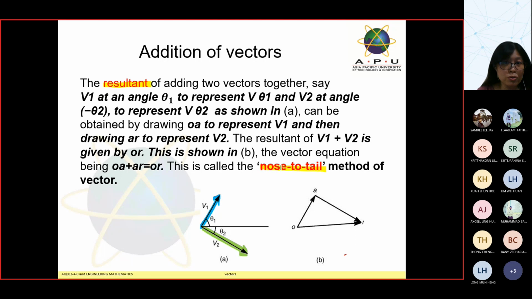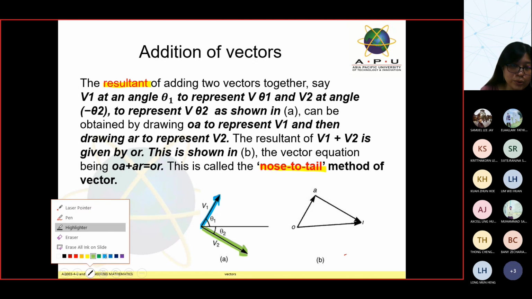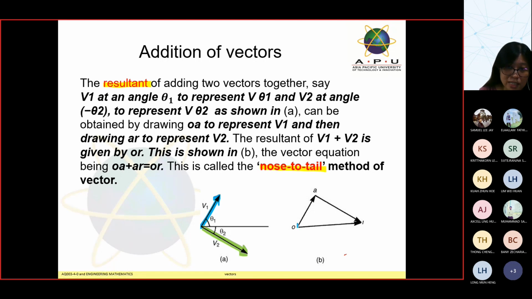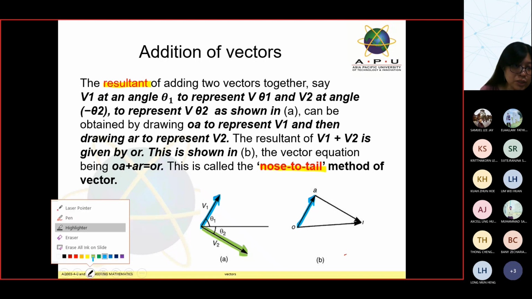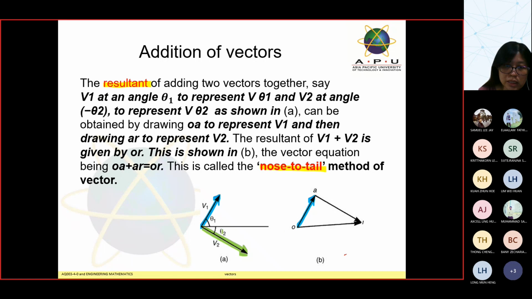So let's say we go through the nose to tail method. Nose to tail method means first we draw the first vector, so this one is V1. Then from the nose of the first vector that we drew, I continue with the second vector, which is the V2 I showed just now.